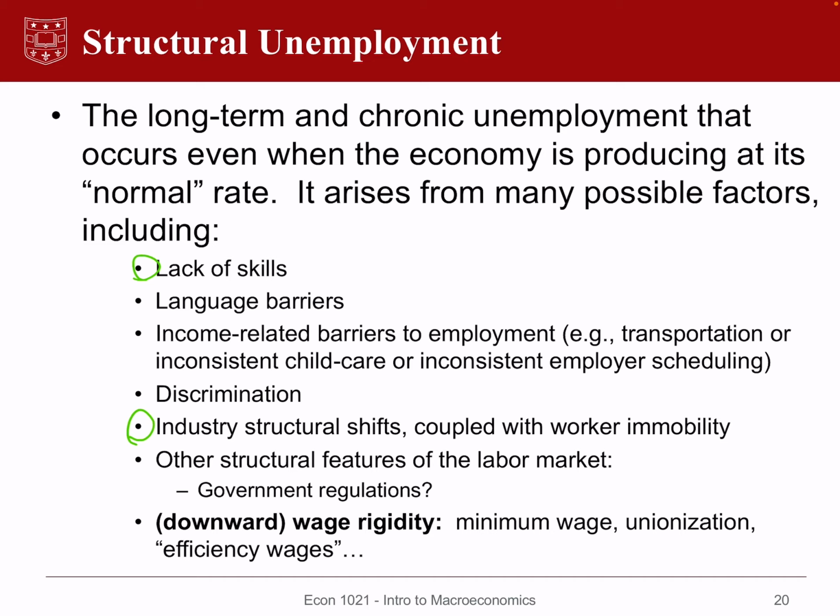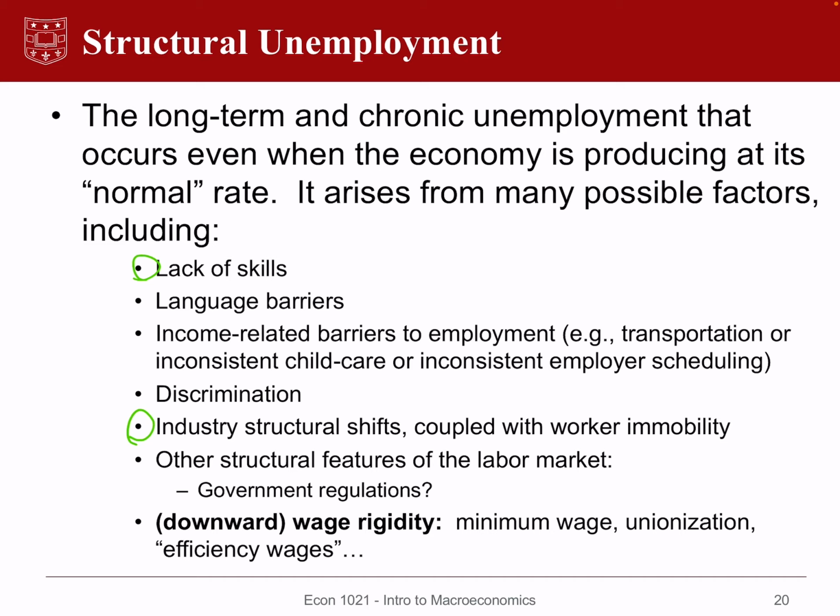So, when we're thinking about structural unemployment on this dimension of skills and industry structural shifts, coupled with worker immobility, what I mean by this is that there are skills shifts and industrial restructuring that simply reduce the number of jobs that are a match for the skills and the experiences of some workers.